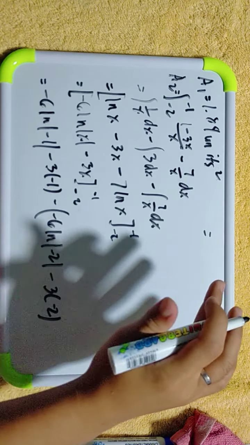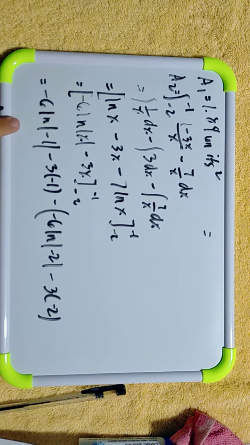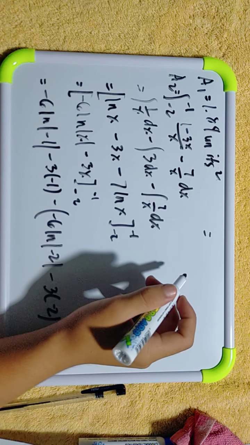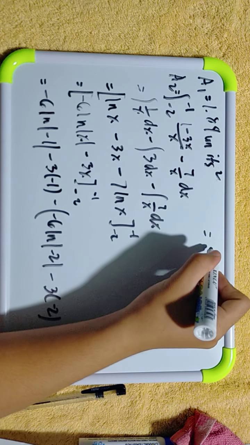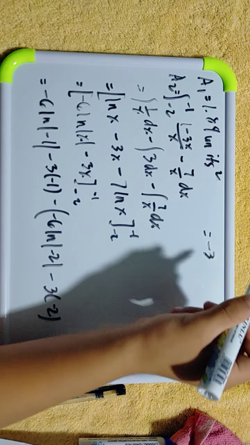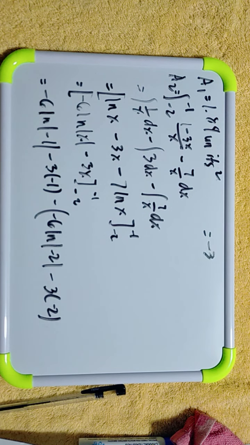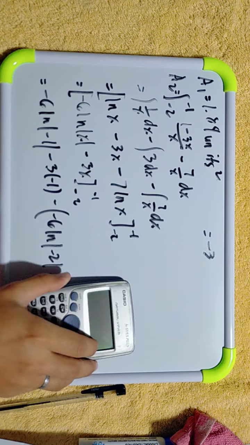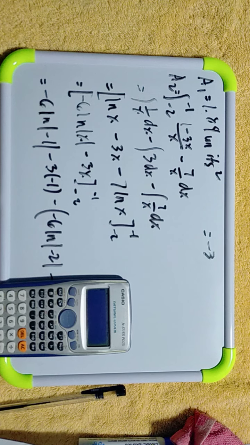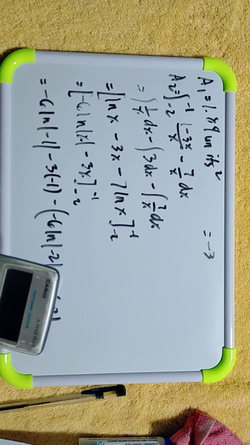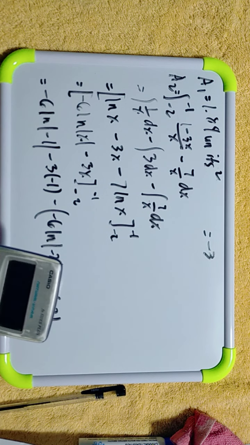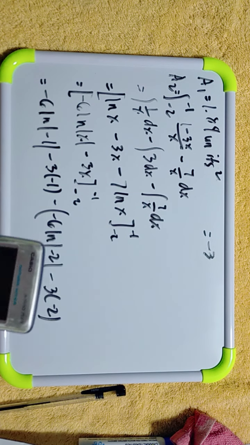Teka lang. So, negative 6 ln 1 minus 3. Negative 3. Try ko lang input ulit sa calculator. Ln of 1 is 0. Yung 0 nga.